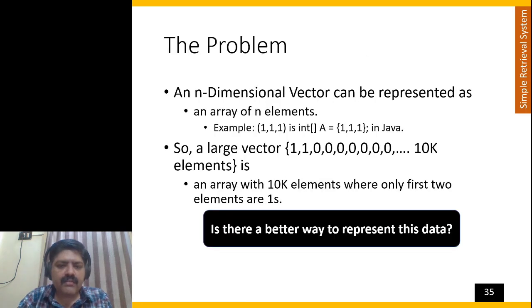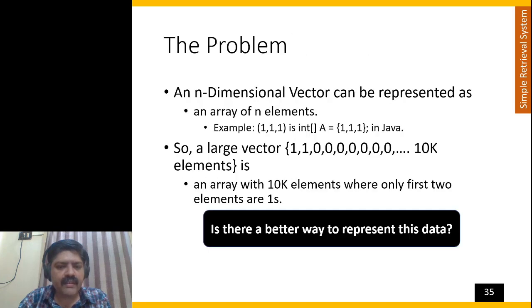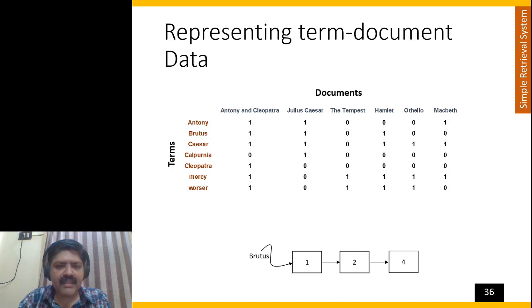Okay, so this looks interesting. How does the term document matrix look if you use the idea of linked lists? It looks something like this. I have taken an example of Brutus. The term Brutus appears in Antony and Cleopatra, Julius Caesar, and Hamlet, which are documents 1, 2, and 4, let's say.